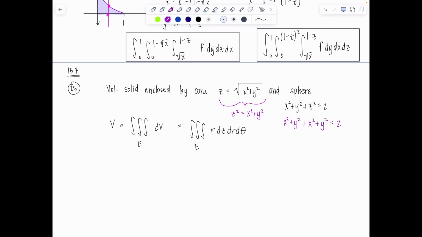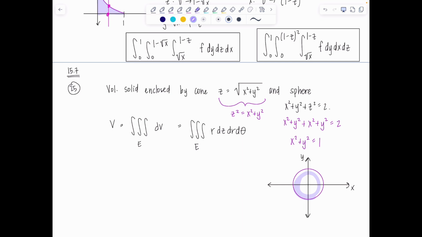So then you have x squared plus y squared equals 1, right? So the integration region is just our good old unit circle. I would want you to just draw that, show it. Hopefully it's free points to just do the 2D graph.